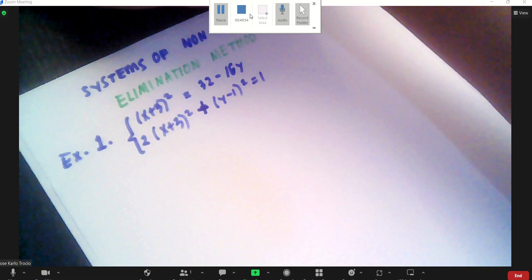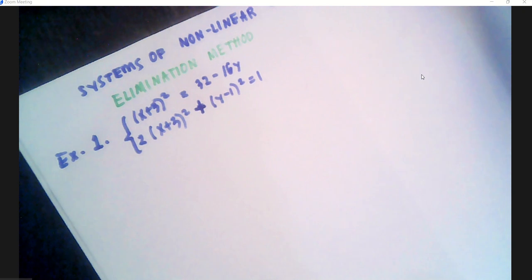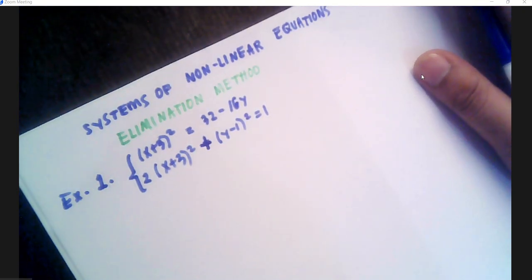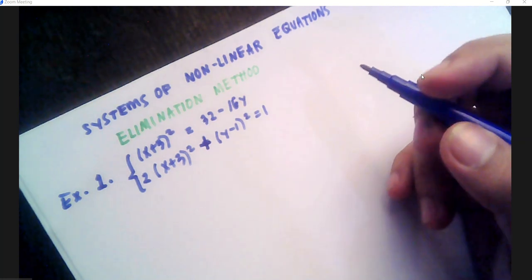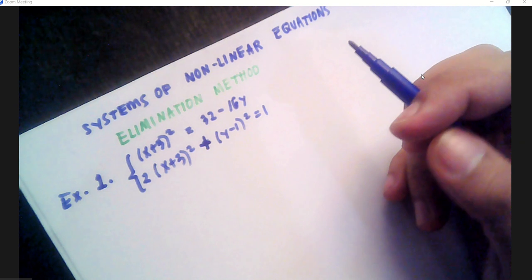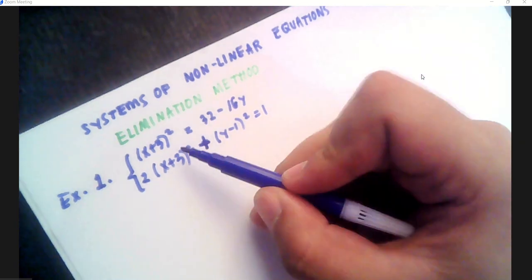Okay, let us solve systems of nonlinear equations through the elimination method. In the elimination method, we are just going to use simple addition, and we all know that we use this if we have the same terms.